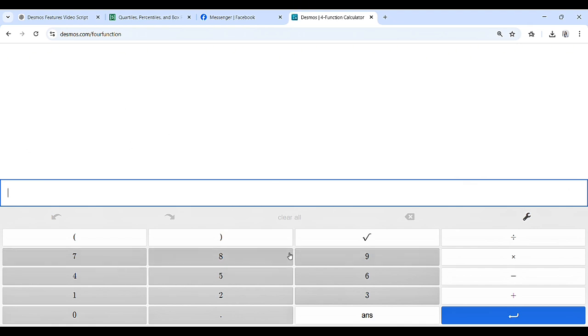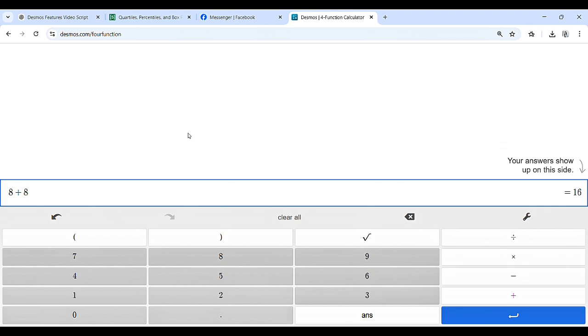You can divide, multiply, subtract, and add. This is just a normal calculator. For example, you want to add 8 plus 8. Then here is the answer. And that's the four-function calculator of Desmos.